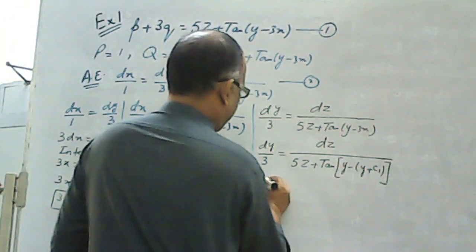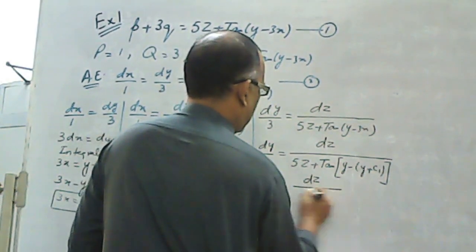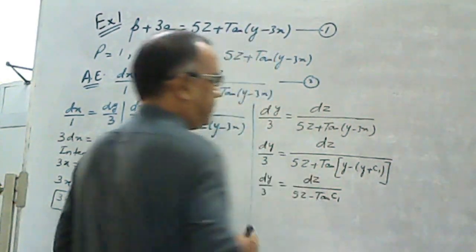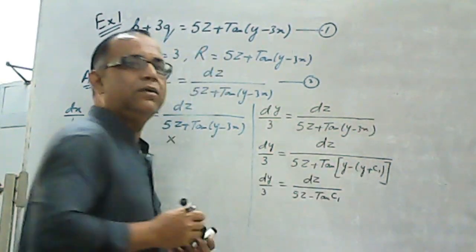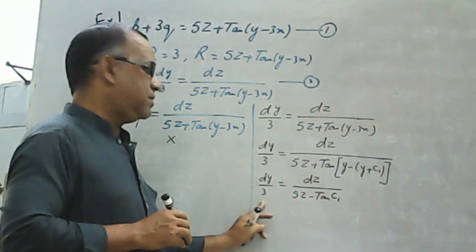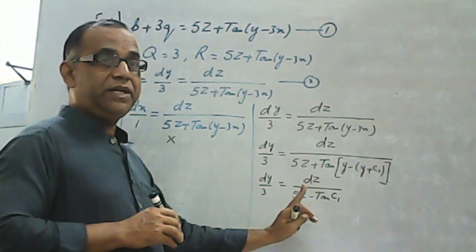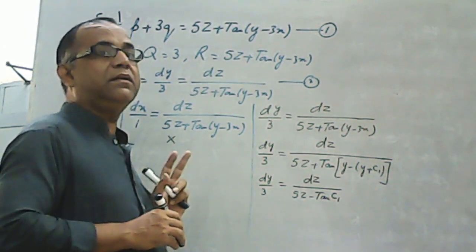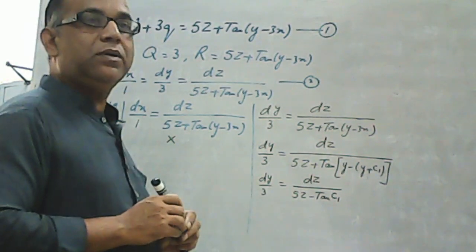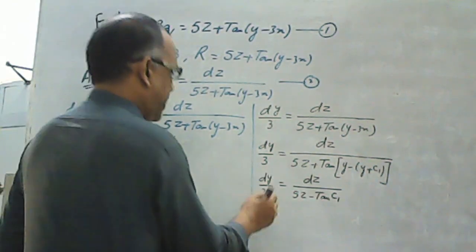So if I simplify this denominator, this will be equal to dz over 5z minus tangent c1, because y cancels with y. And now look at this one. No x is there in the denominator. c1 is constant, so no x is there. It simply means now it is possible to integrate. This is also the case of separable variables. So I directly integrate.